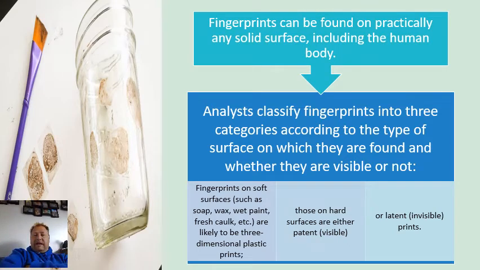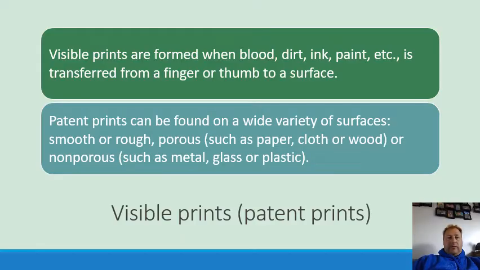We can either see our fingerprints because you've left them on something, so you had some dirt on them and left marks, or they're invisible, something called latent, where we have to do dusting, which you're probably familiar with. Visible prints are when we've probably got blood on our hands. We're talking about murder scenes, or dirt, walking through a wood hiding a body. And you put them on something pretty tough. It doesn't have to be smooth, but they're most likely to be seen there.